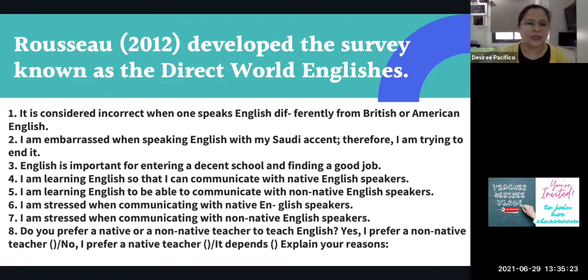The sixth one is, I am stressed when communicating with native English speakers. This one is affective as well. I am stressed when communicating with non-native speakers. So both native speakers and non-native speakers need to be assessed on how they feel when talking to different, diverse populations.